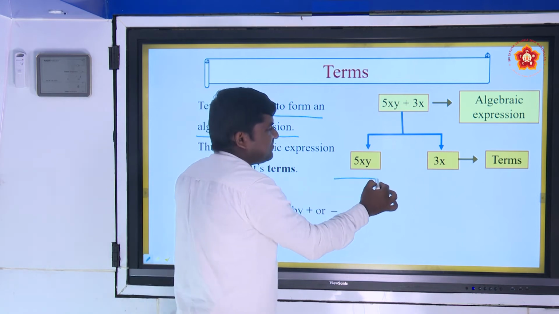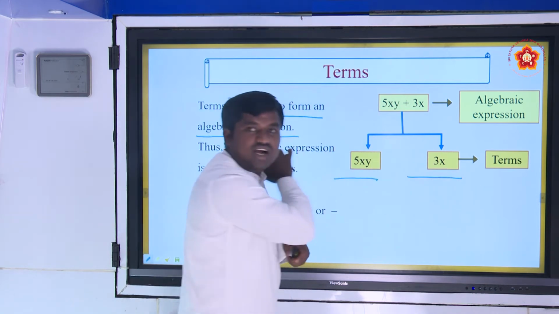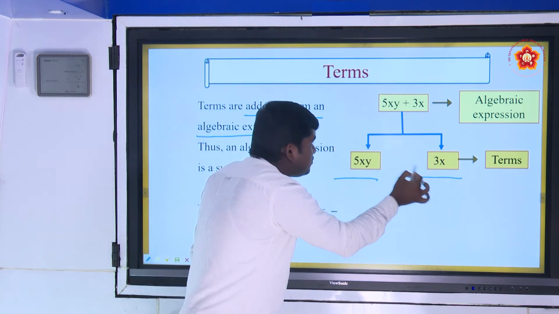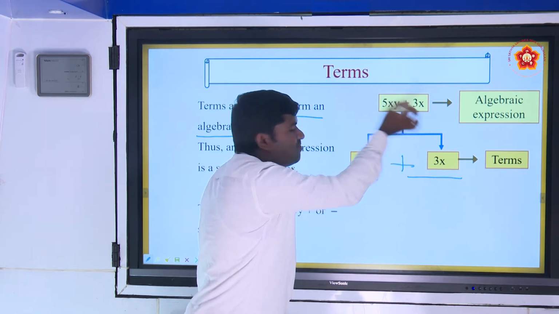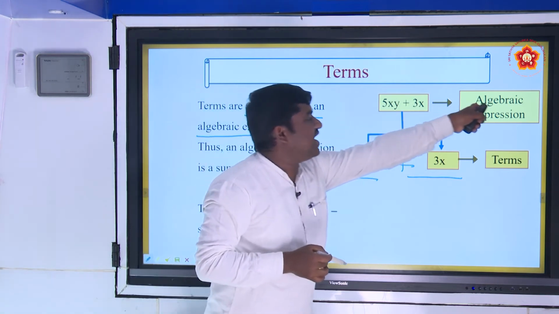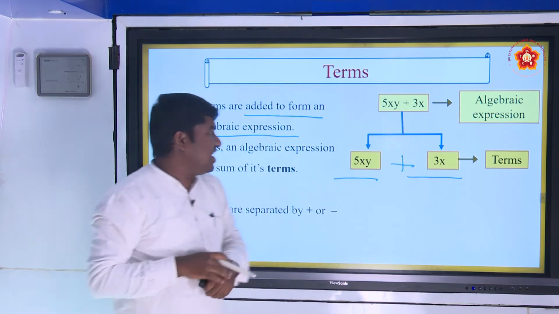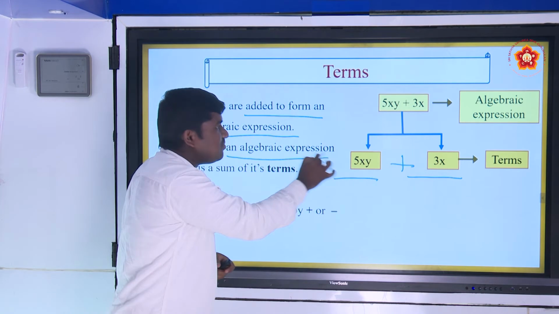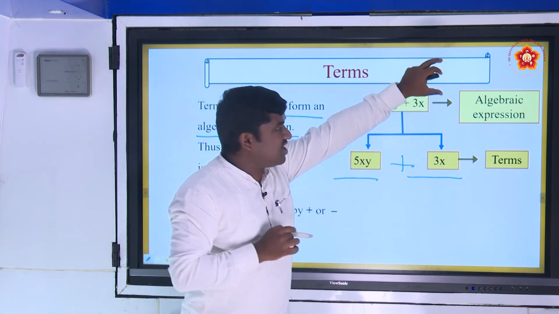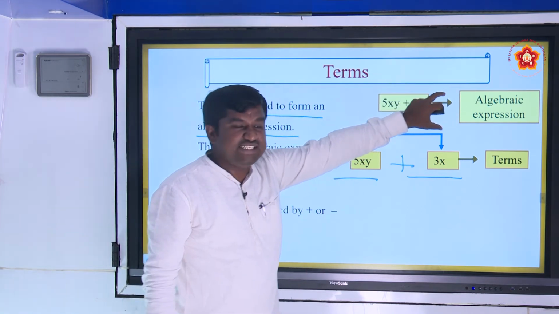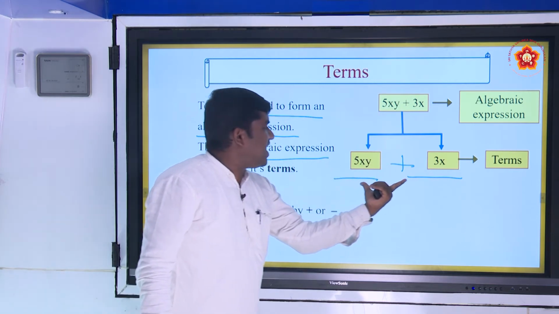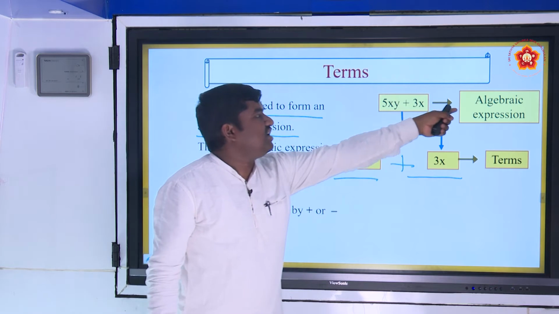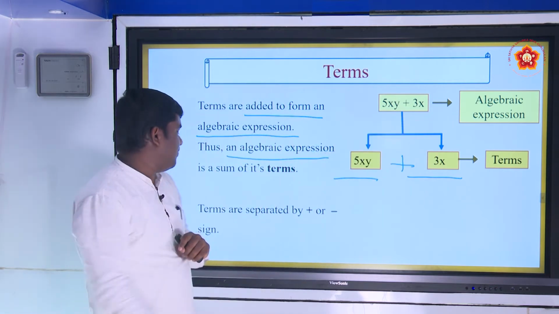Here 5xy is one term, 3x is another term. If we add these two, 5xy plus 3x, we form an algebraic expression. Thus another definition for algebraic expression is sum of terms. We add these two terms to get an algebraic expression.